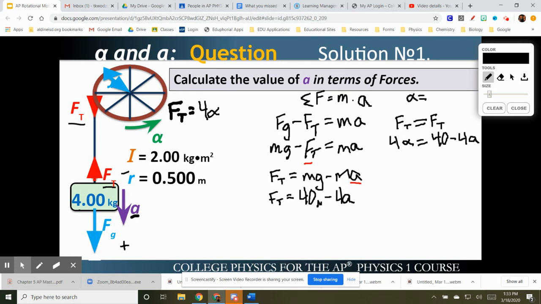What was the equation that we could use for angular acceleration, or linear acceleration, however you want to put it? So the question is, how am I going to get linear acceleration from angular acceleration? What's that relationship?